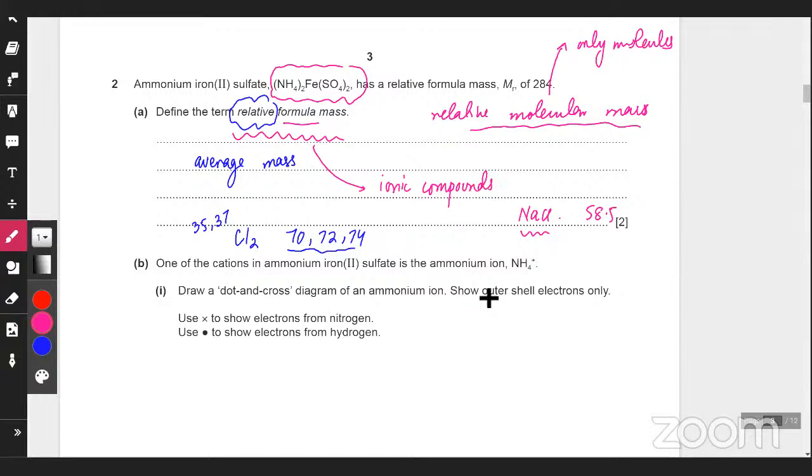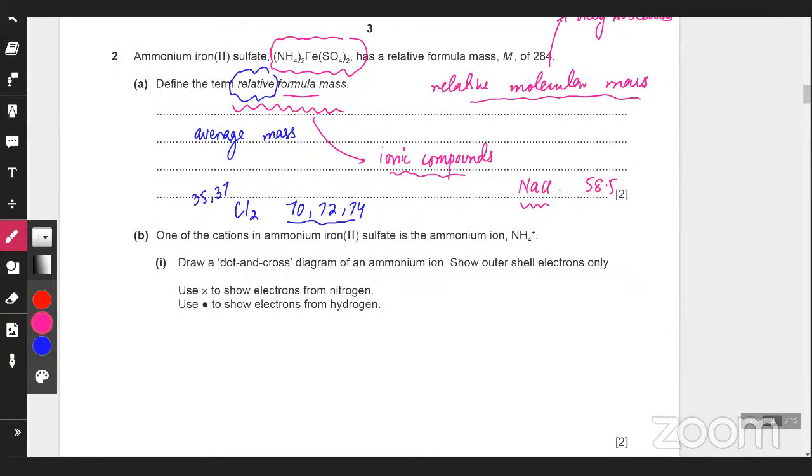And ionic compounds have giant structures, so you look for the mass of the smallest unit that is possible. Whenever you see the term relative, it's always the average mass. So the proper definition is that it's the average mass of the ionic compound compared to 1/12 the mass of carbon 12. And you have to use the term average, okay, whenever you see the relative mass.